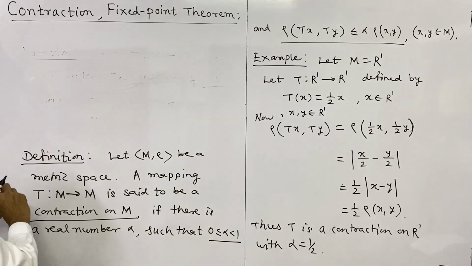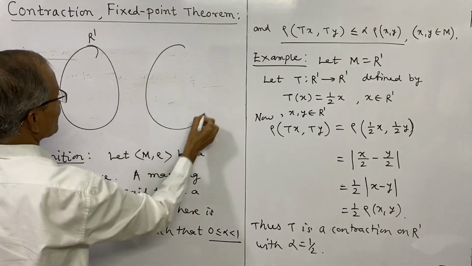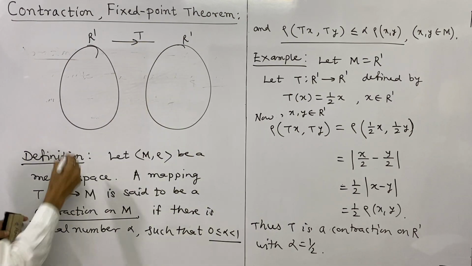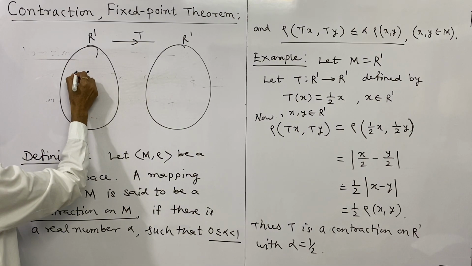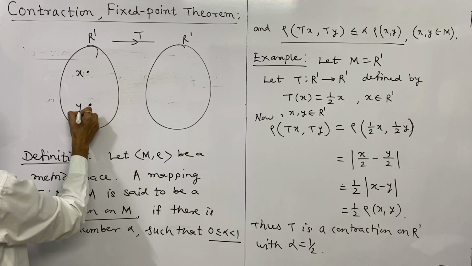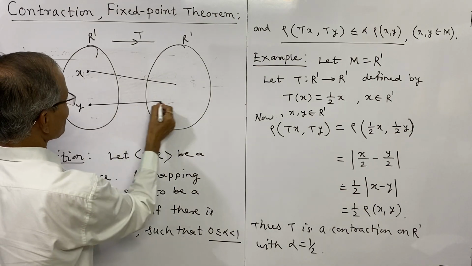And we may see this as, suppose this is R1 and the mapping is from R1 to R1. If this is x, then its image is half x, and for y, its image is half y. So therefore the images will be like this.